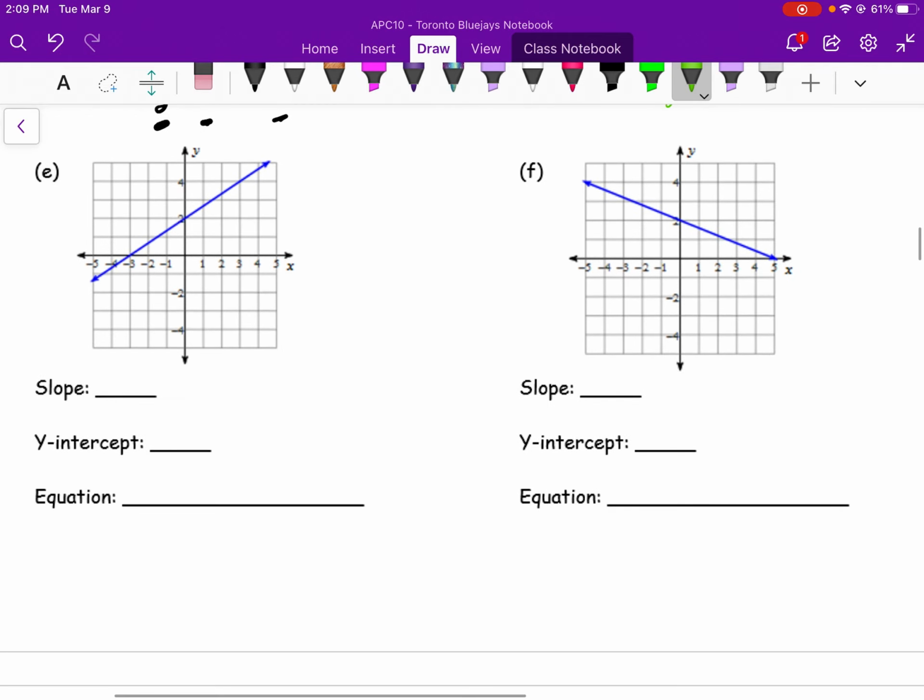I feel like it's much the same here. The hardest thing when you encounter these graphs is to pick out the points where your graph runs across the integer values of your grid.